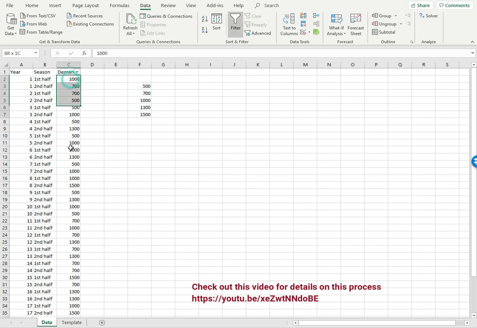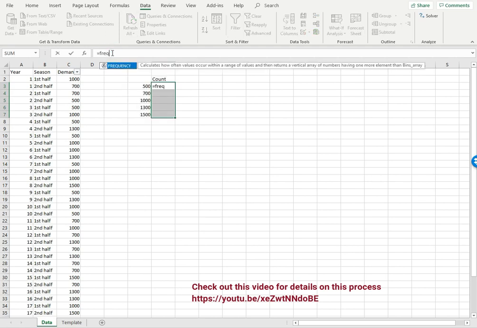Now I'm going to count how many of each there are in the data set. There are a couple of ways you can do this. I'm going to use frequency. Equal to frequency. Here's the data.